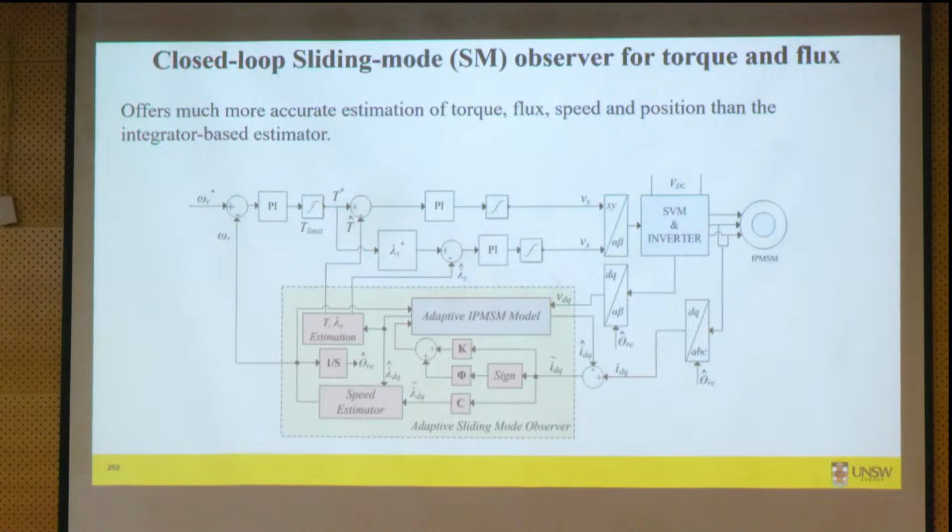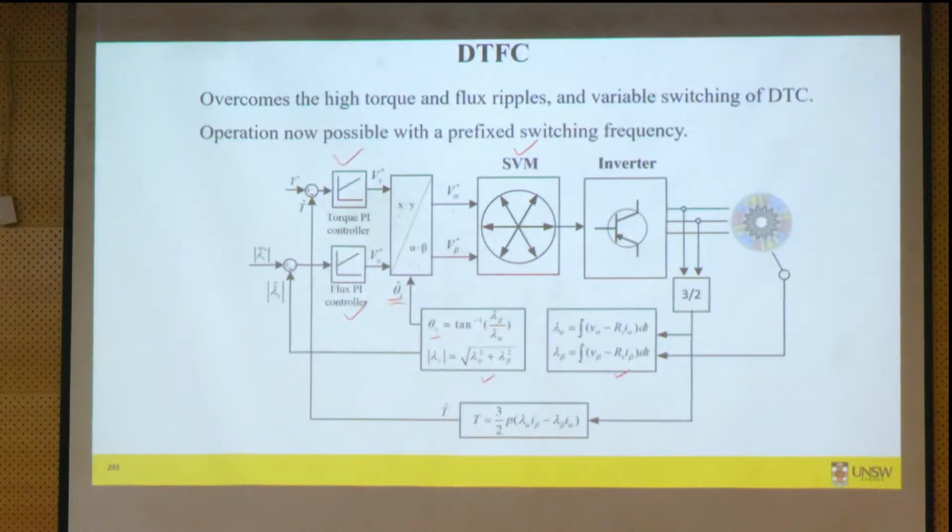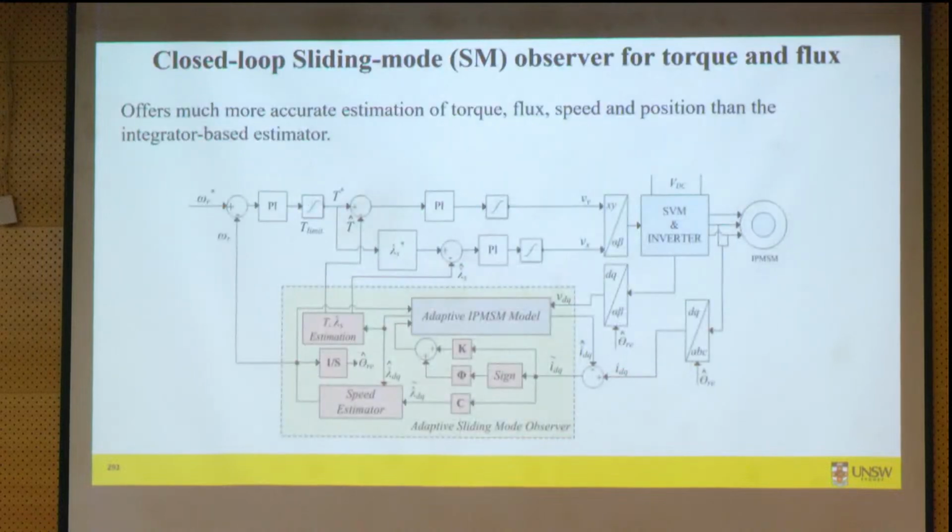To improve it further, because we still have a problem with the estimation of theta, the flux linkage and torque in this method, you can apply more advanced estimators such as observers. For example, in the next slide you can see that an adaptive sliding mode observer was used to estimate the flux and torque to make it more accurate.